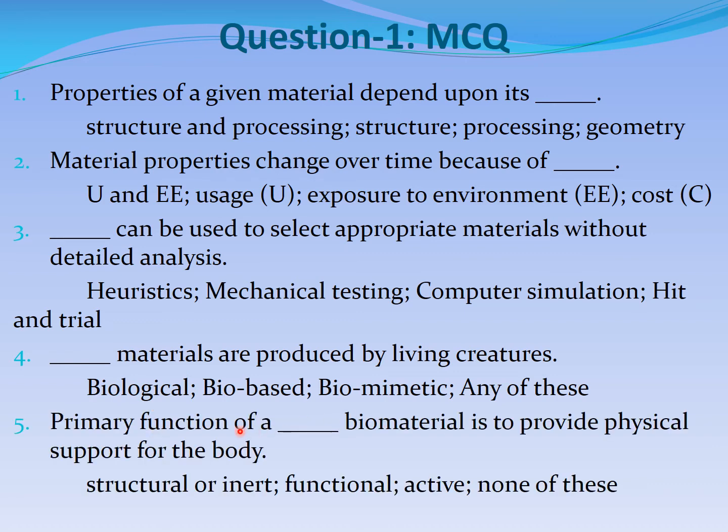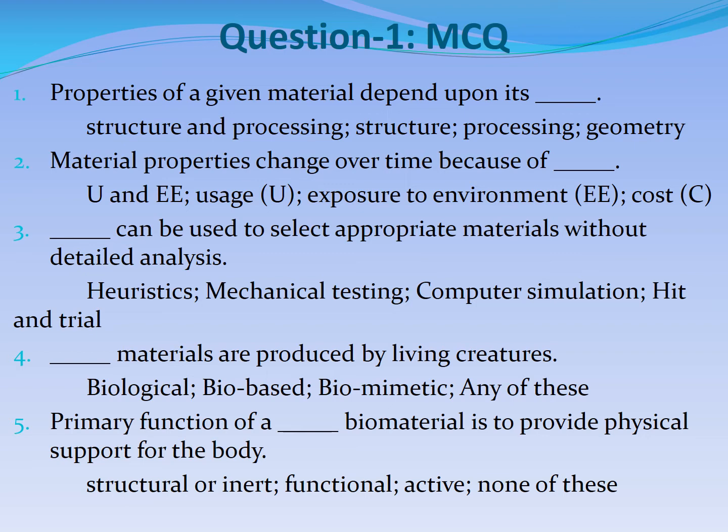The primary function of a dash biomaterial is to provide physical support for the body. Structural or inert, functional, active, none of these. You know that the name structural biomaterial or inert biomaterial is for those biomaterials which provide structural support, physical support of the body like arms and legs.